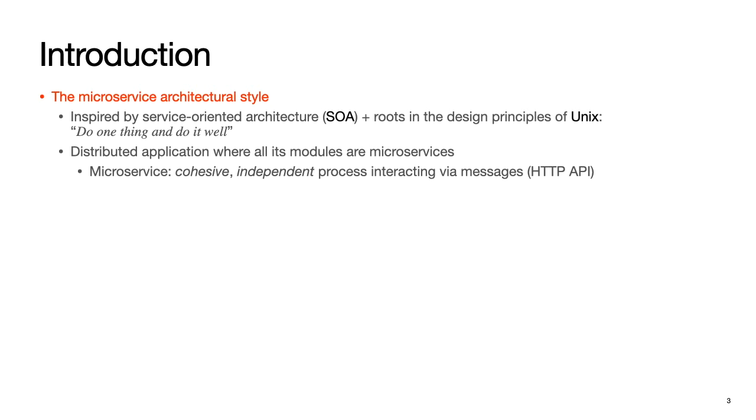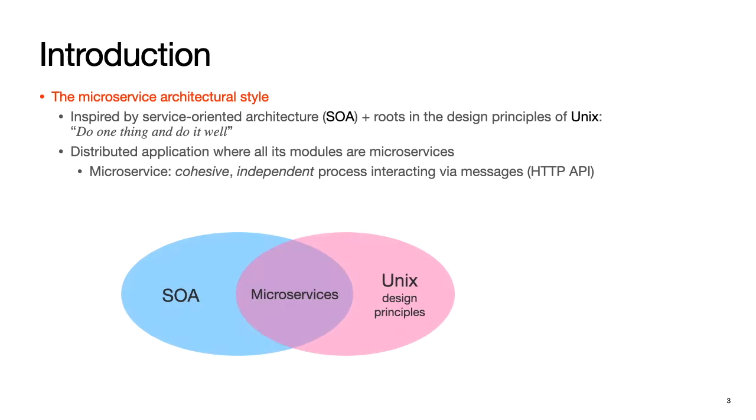I'm not going to spend that much time here because I'm pretty sure you are already familiar with the notion of microservice architectural style. It's an architectural style inspired by service-oriented architecture, but we can find the roots of these design principles inside Unix, which is a highly component-oriented architecture with many small specialized black box pieces of functionality combined together by means of the glue of the shell.